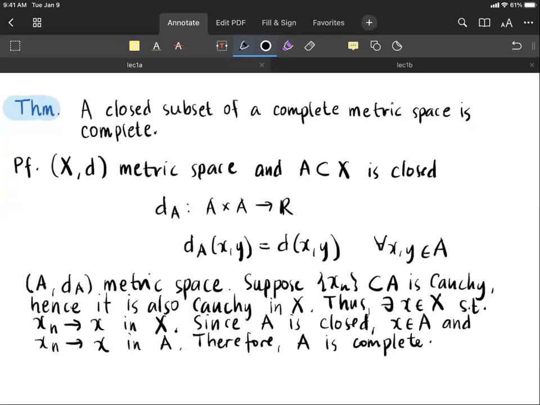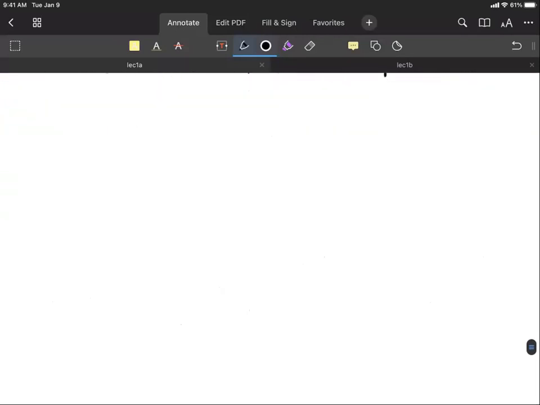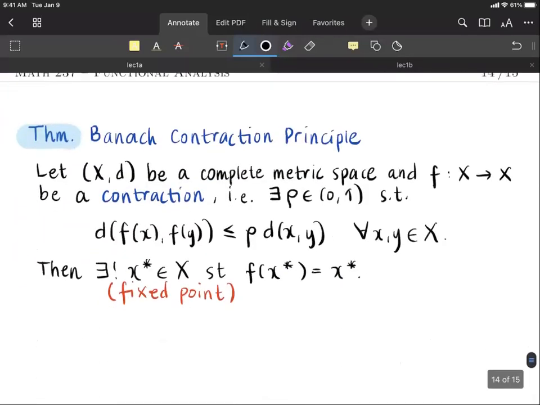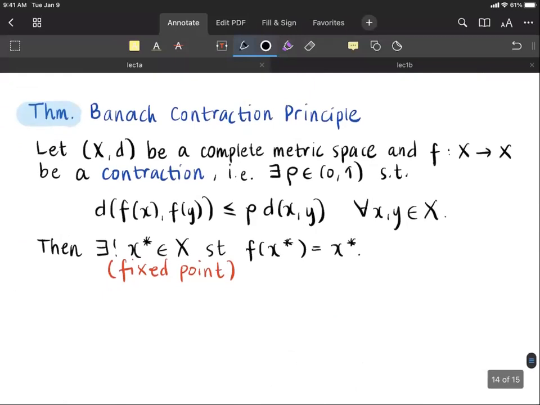One of the classical applications of completeness is what we call the Banach contraction principle. So let us consider a complete metric space (X, D) and a function from X into itself.